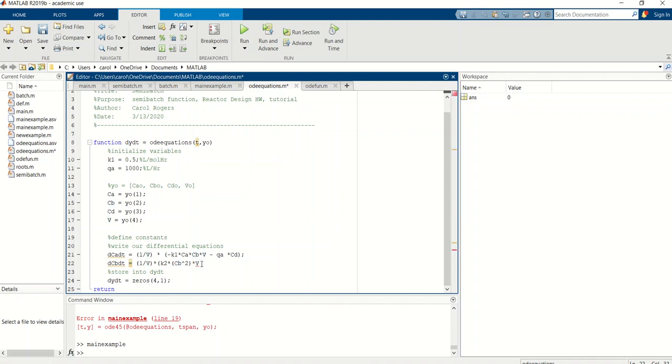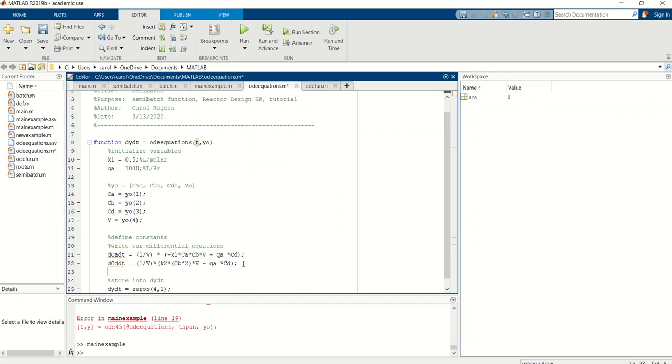Let's see. Oh, I'm reading the wrong equation. This one is actually for CD dt. V times V minus QA times CD. So right here, I've misordered it, which is fine, as long as we know where to store it into dy dt.